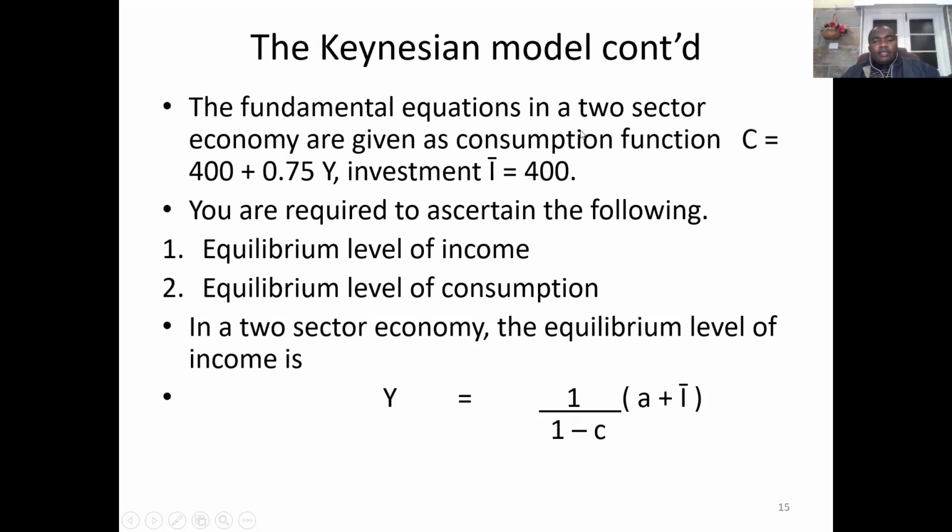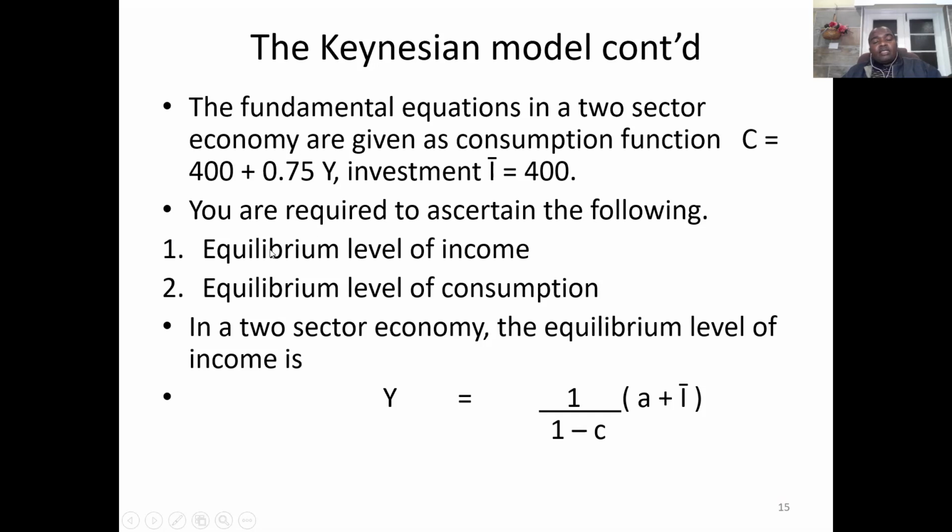The fundamental equations in a two-sector economy are given as the consumption function, aggregate consumption, being equal to 400 plus 0.75Y. And then investment spending is assumed to be 400, maybe 400 million or 400 billion.